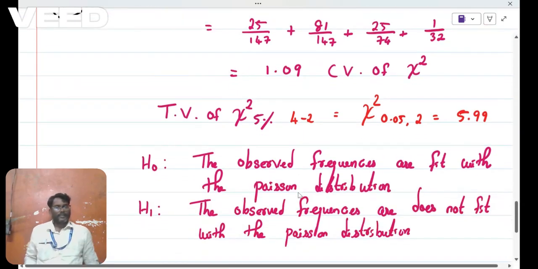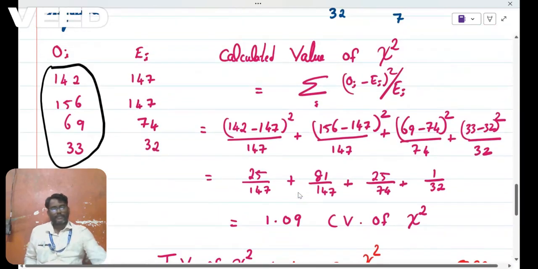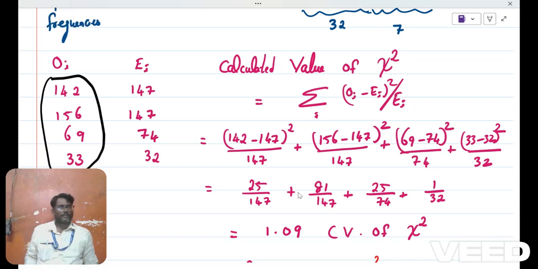Next, we need to find the corresponding table value for the chi-square. Here, the level of significance is not mentioned in the question. Therefore, the default level of significance we can take is 5%, which is 0.05. Next, we find the degrees of freedom. We take the number of observed and expected frequencies used for computing the chi-square value, which is 4.